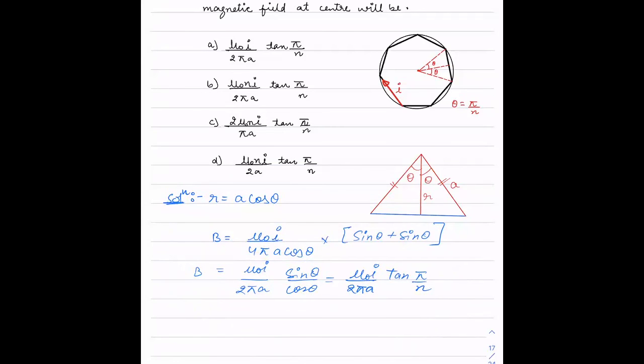For n sides, B will become mu naught N I divided by 2 pi a, tan of pi by n.